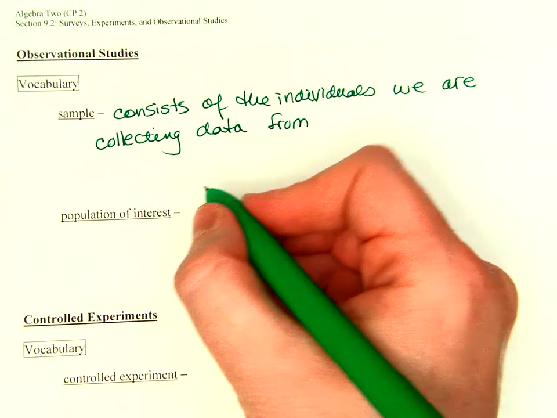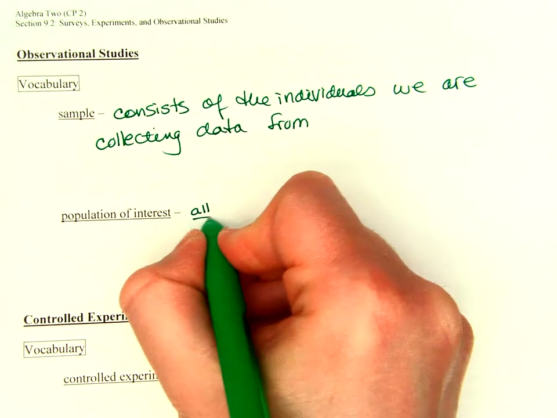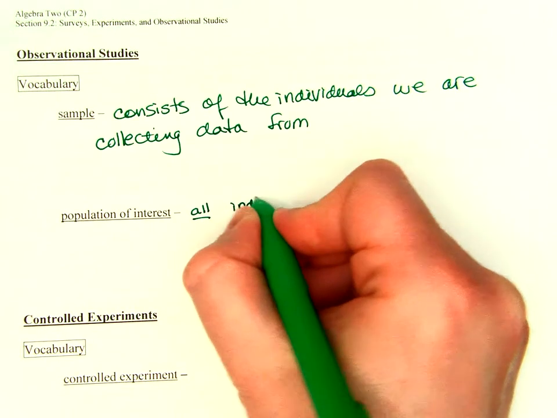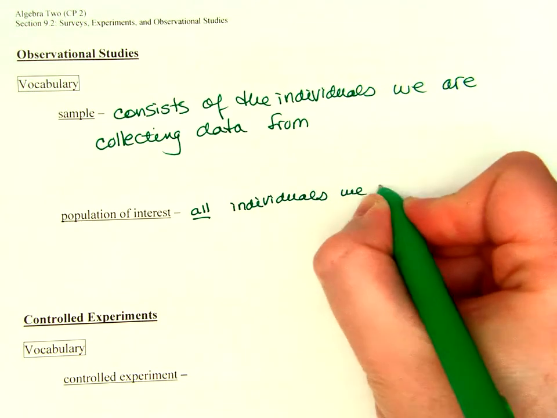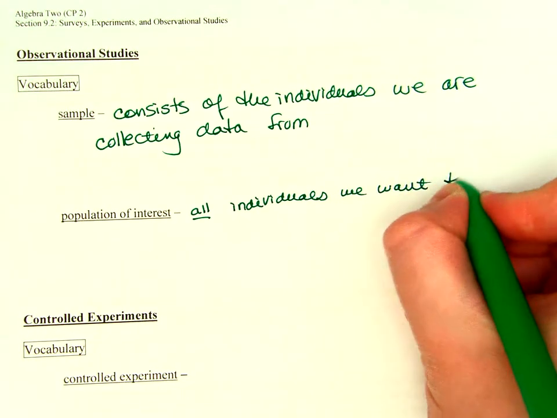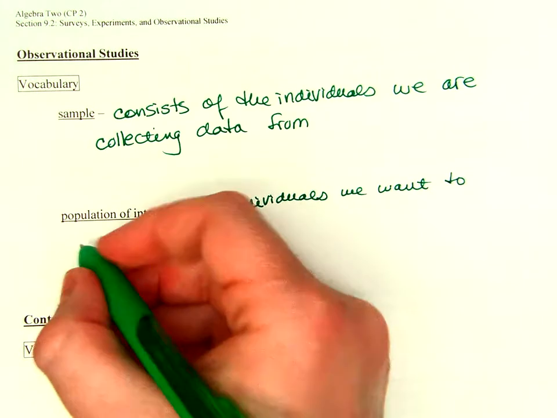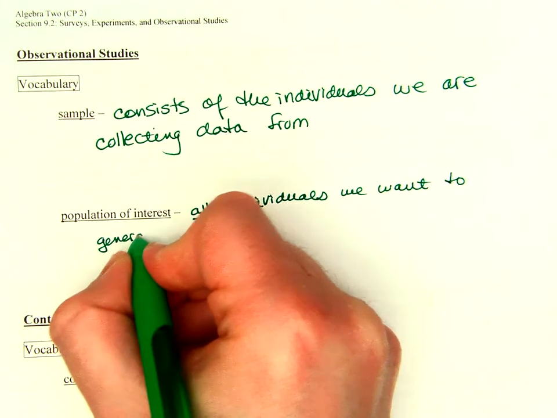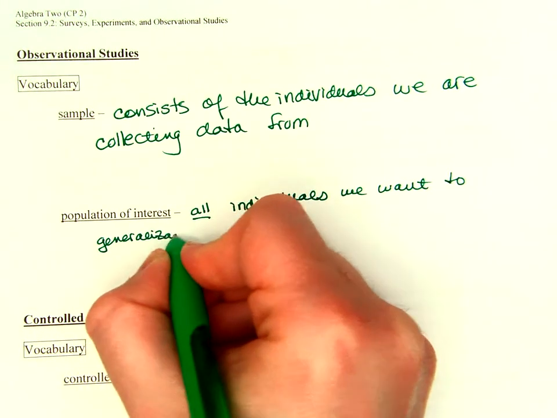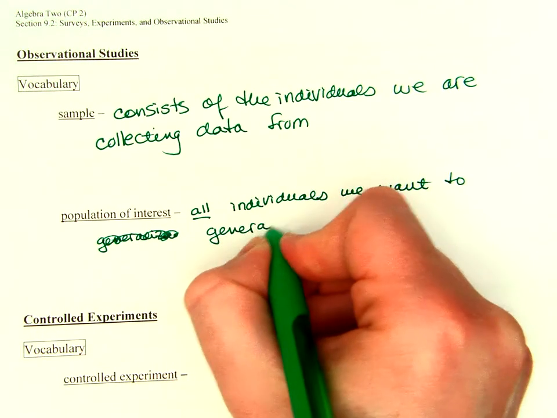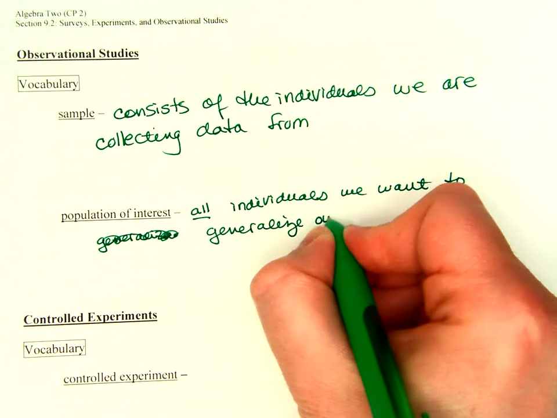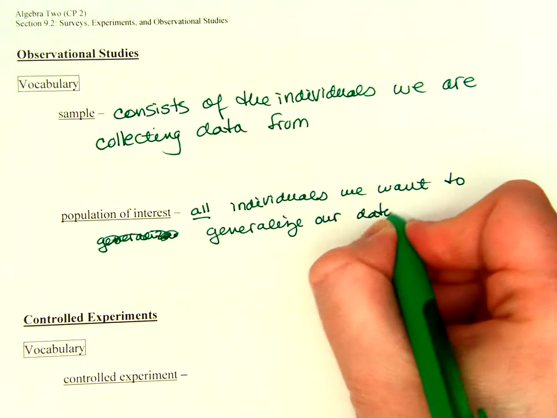Our population of interest, all individuals, people or objects. We want to generalize our data to.